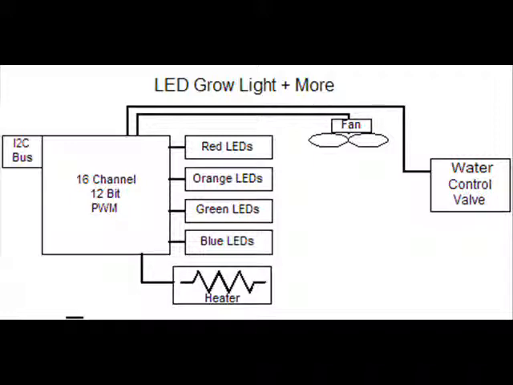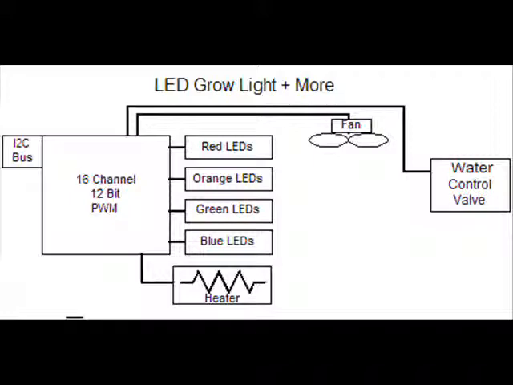We could throw in fan control and vary the air velocity to simulate outdoor wind conditions. We could also control humidity and soil moisture, and using the PWM control, even vary the height of a burner for CO2 enrichment. So there's all kinds of cool things we can do with the I2C PWM controller chip.